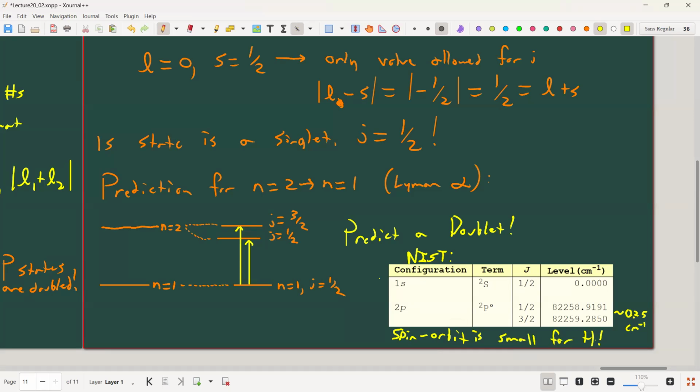In fact, there are even smaller splittings that appear with hydrogen, which we won't talk about in this class, where the electron couples not only to its spin, but the spin of the proton in the nucleus. That's what's called hyperfine splitting, where the electron couples to the spin of the nucleus. That effect is about 1,000 times smaller than this. And that also causes a splitting called a hyperfine splitting.